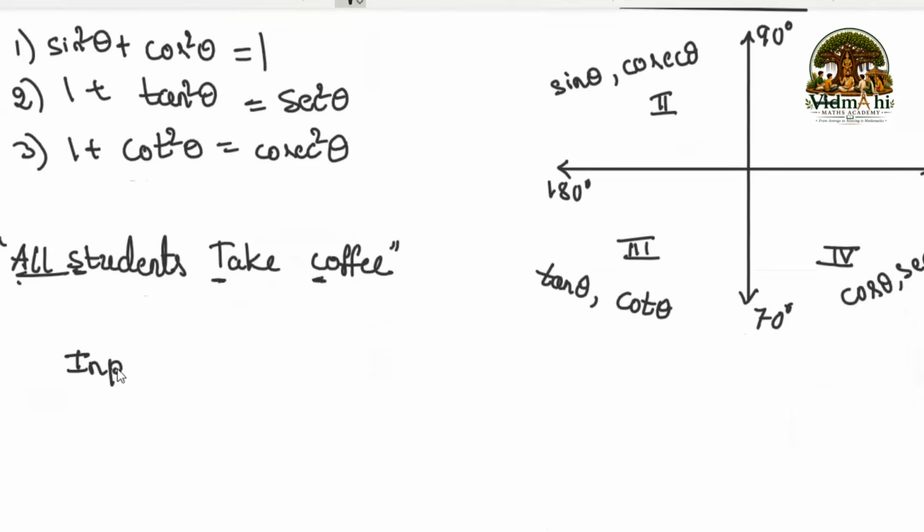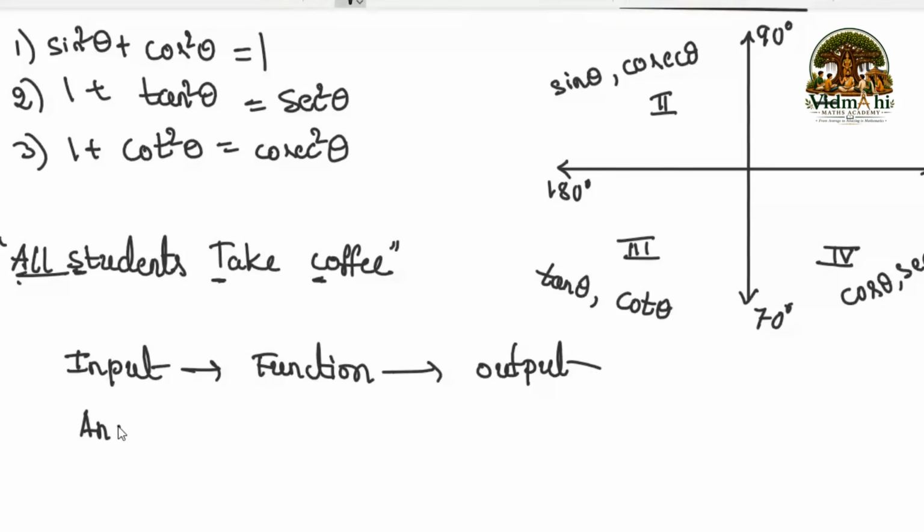Input, function, output. Input is an angle. Function is a trigonometric function. And output is whatever value we get. That is the value.